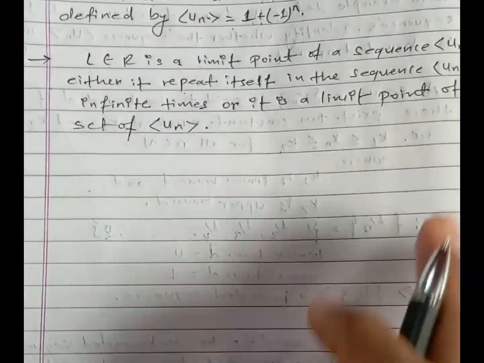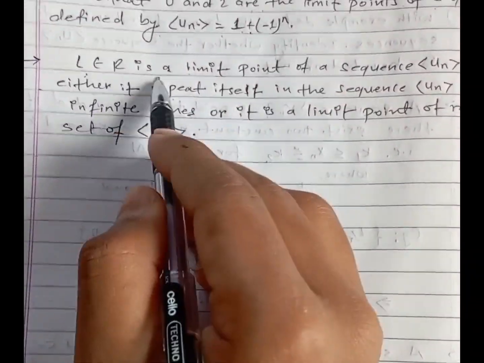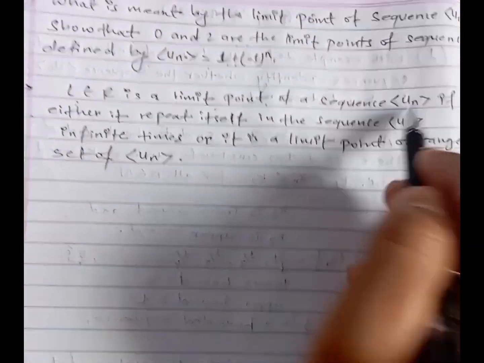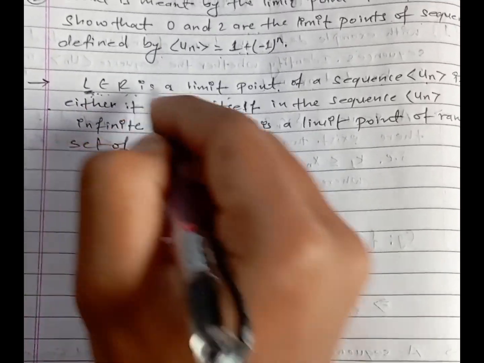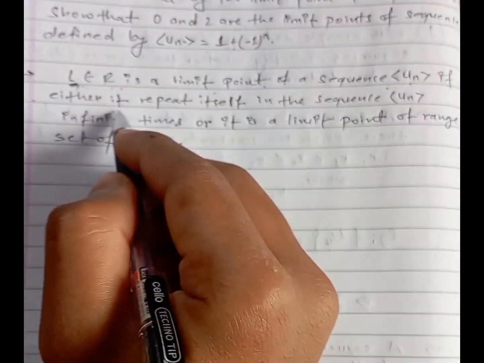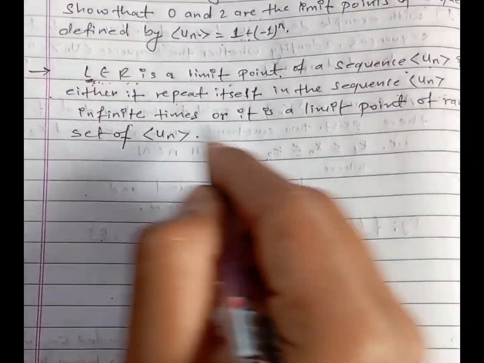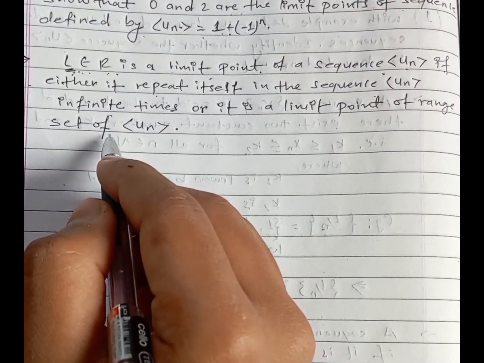So first we need to understand it. L belongs to R is a limit point of a sequence un. This L is a limit point. R means real number. L belongs to R is a limit point of sequence un if either it is repeated in the sequence infinite times or it is a limit point of the range set of un.